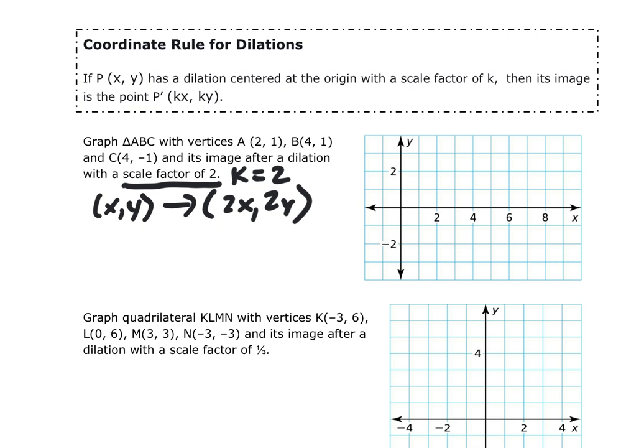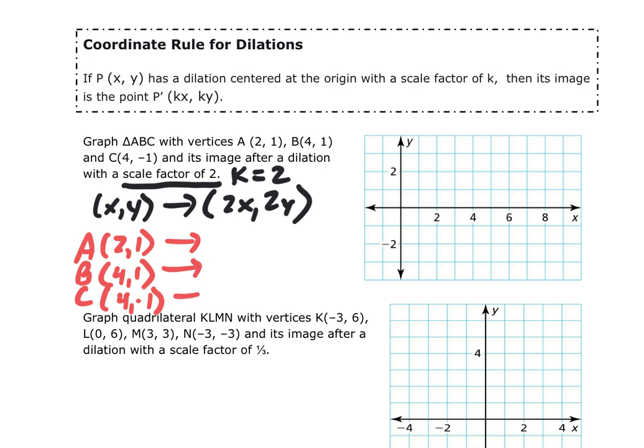Okay, and what I like to do here is rewrite A, B, and C down here. A is at 2, 1. B is at 4, 1. C is at 4, negative 1. And then we have A prime, B prime, C prime.